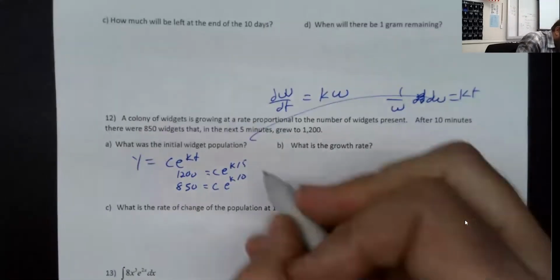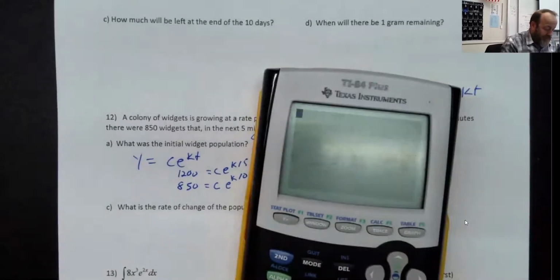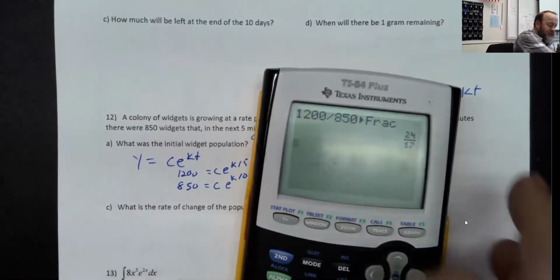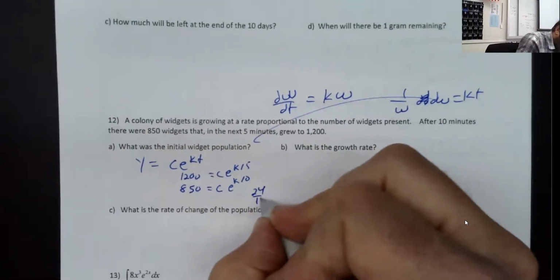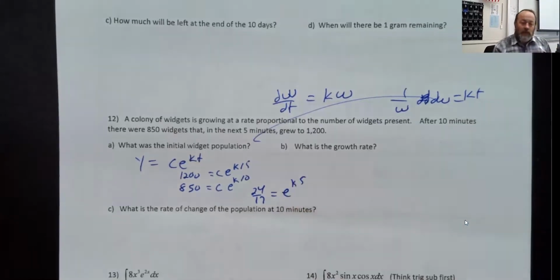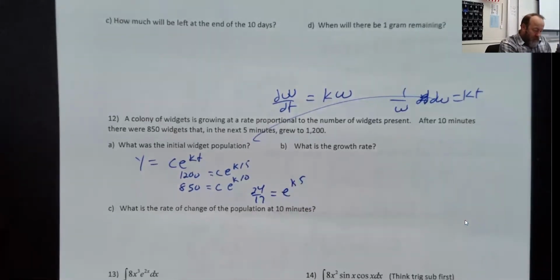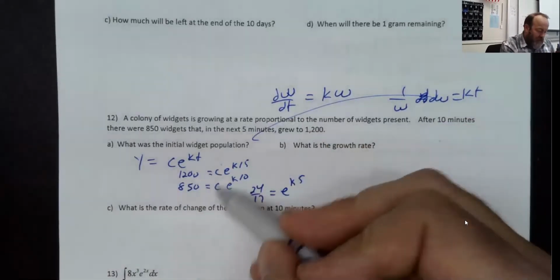If I divide it down, I'll have 1,200 divided by 850, which is a nice little fraction, 24/17. So I've got 24/17 equals e to the k times 5. Because remember, when you divide, you subtract things that have the same exponents, and notice the C's cancel.